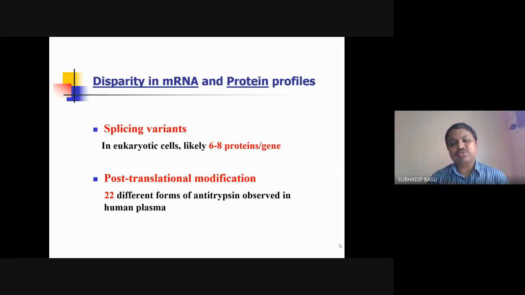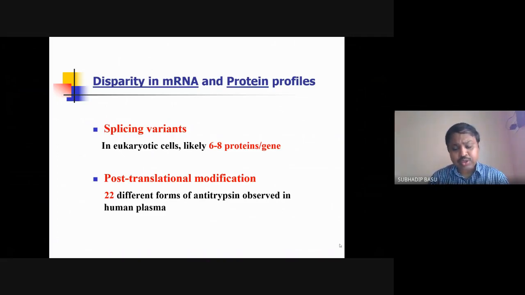Based on that, we have many different variations of proteins. So one single gene may not have a single messenger RNA that gets decoded by the ribosome. There are 6 to 8 different variations for each gene that we have in our chromosome.